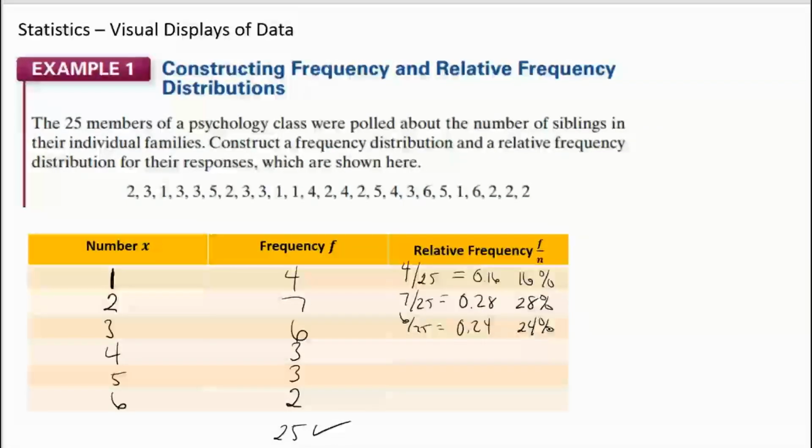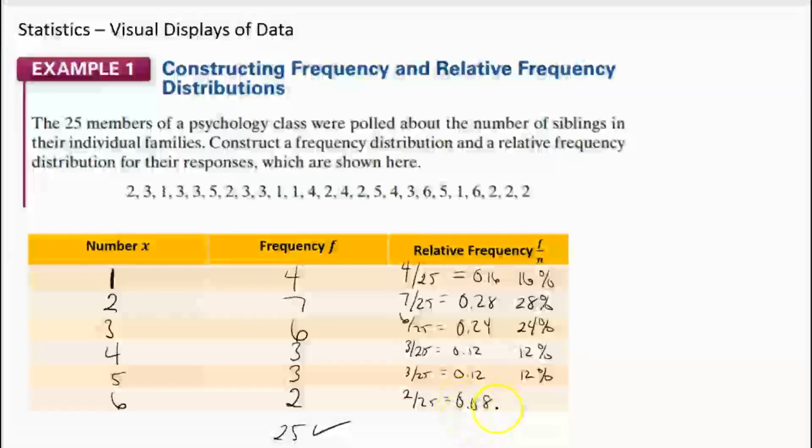3 divided by 25 is 0.12, which is 12%. Notice these next two relative frequencies are 12%. And then the last one, 2 divided by 25, gives me 0.08. Notice when I change it to a percent, I'm moving that decimal 2 places to the right, which gives me 8%.